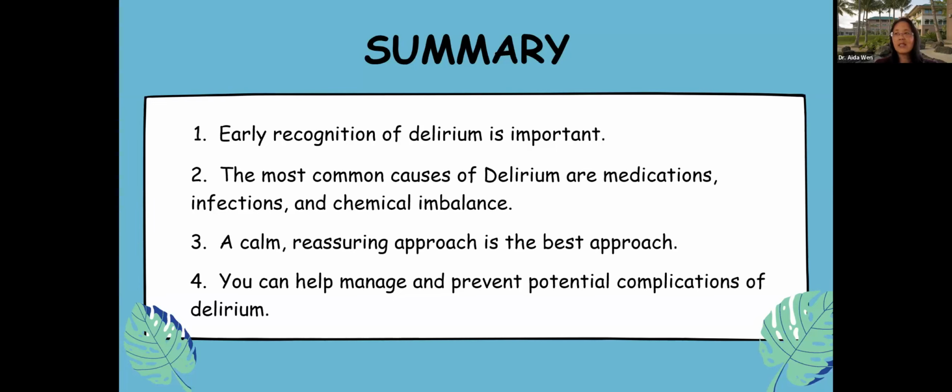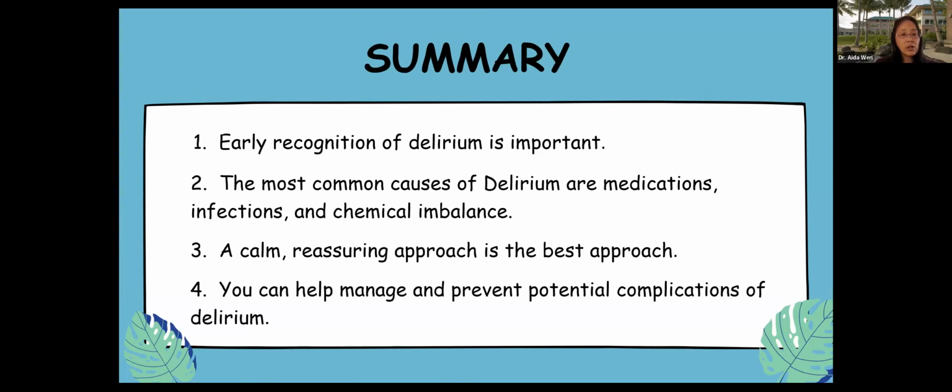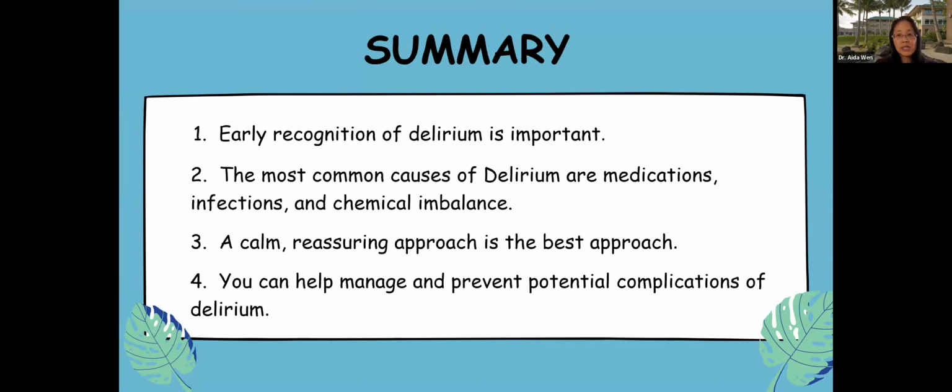You listen, try to gain some cooperation, right? And you can also help manage and prevent potential complications of delirium, as we discussed: prevention of urinary incontinence and pressure ulcers and dehydration, malnutrition, function, all those kinds of things.